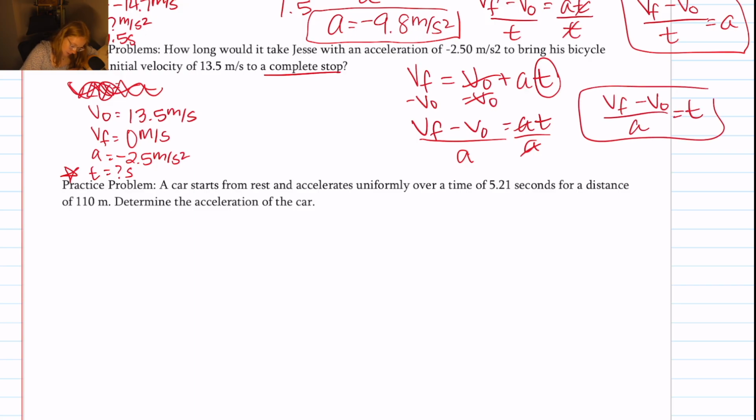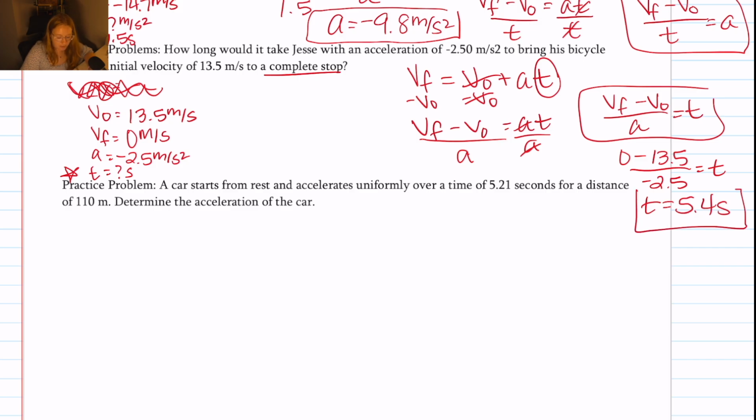Let's plug in values. So Vf is 0 minus 13.5 divided by negative 2.5 equals time. So let's see what that is. And it looks like the time is 5.4 seconds. Okay, checking for reasonability, your time should be positive.